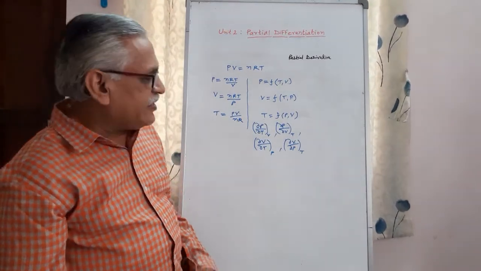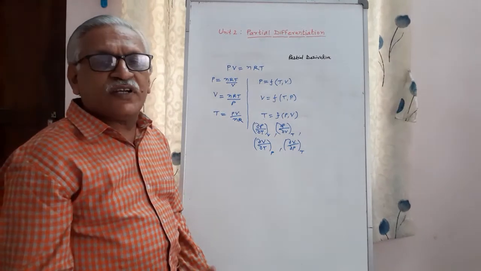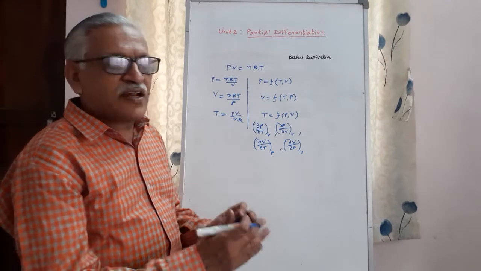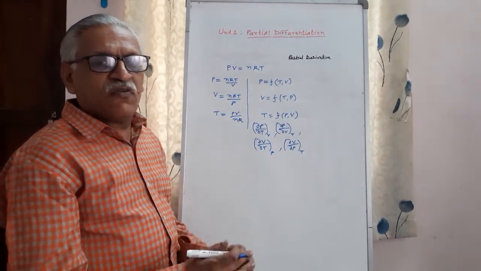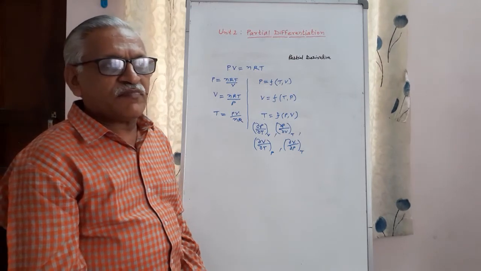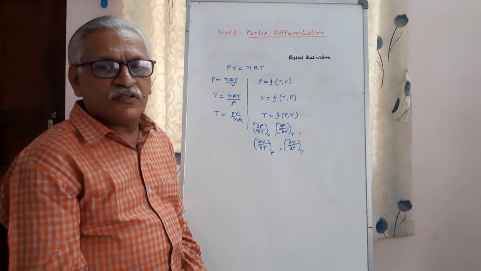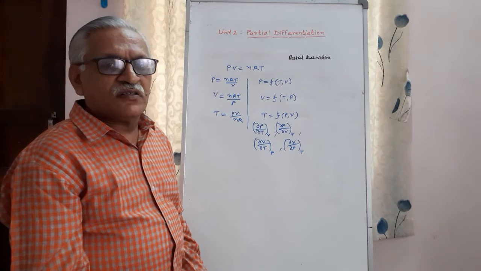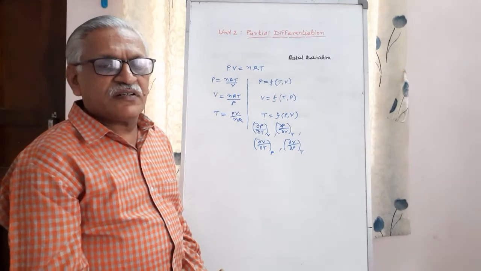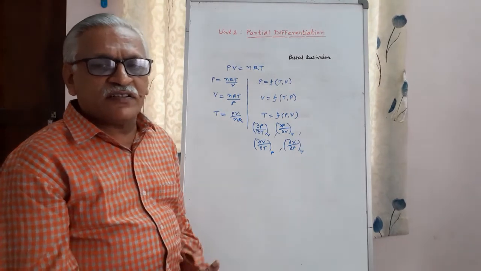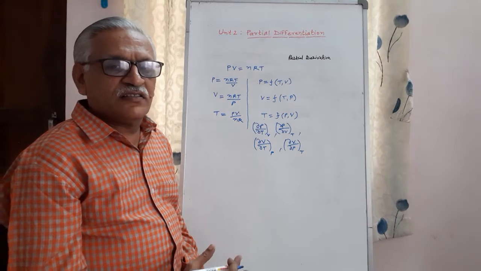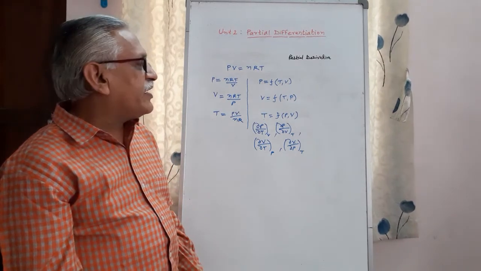Then whatever the rules we are using for our ordinary derivative, the same rules are applicable as they are for partial derivatives. Means the product rule, or the rule for finding derivatives of a quotient, and all the standard results of ordinary derivatives are used as they are while finding the partial derivative.